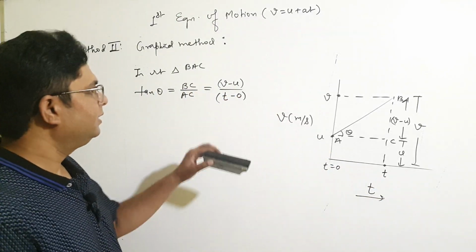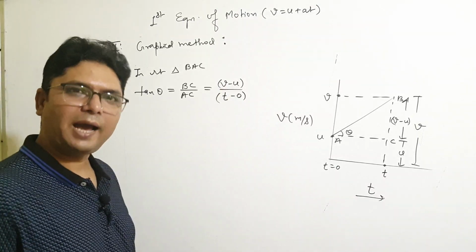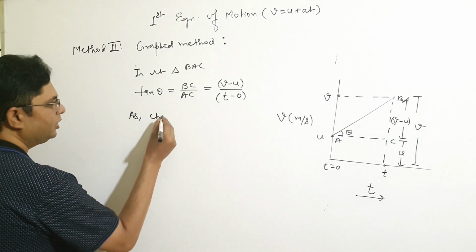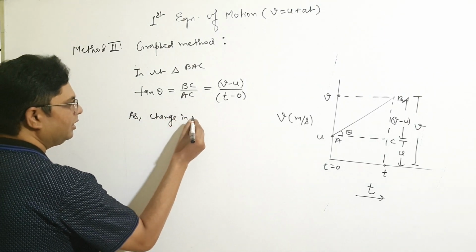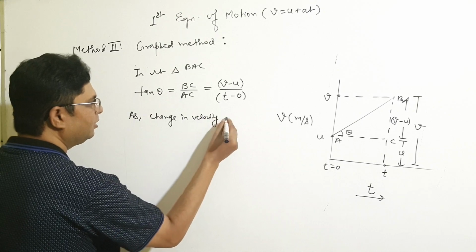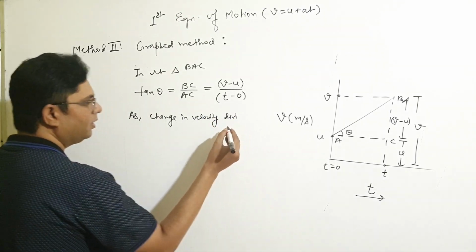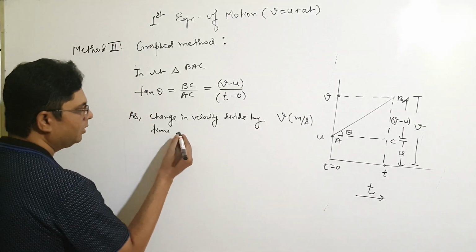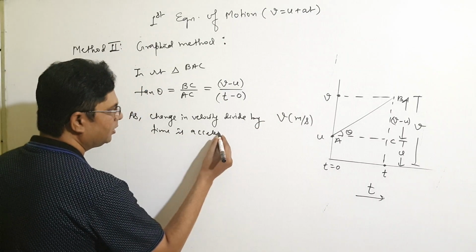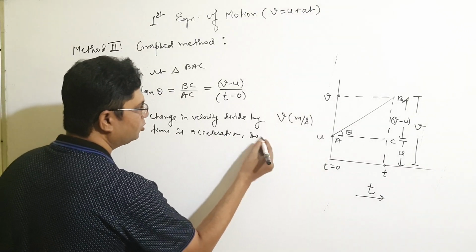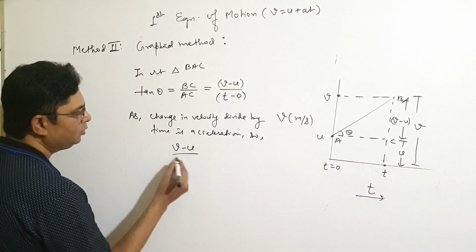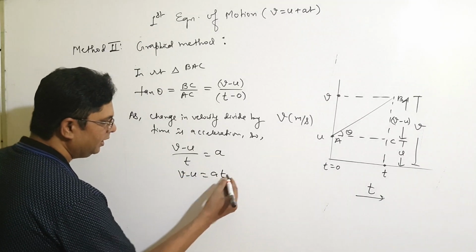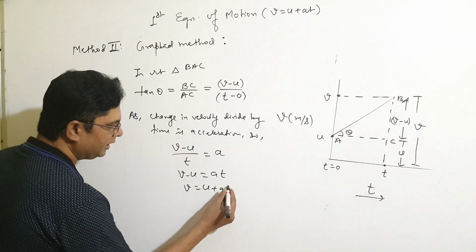We know that change in velocity divided by time is acceleration. So you have v minus u by t equals again a. So v minus u equals at and v equals u plus at.